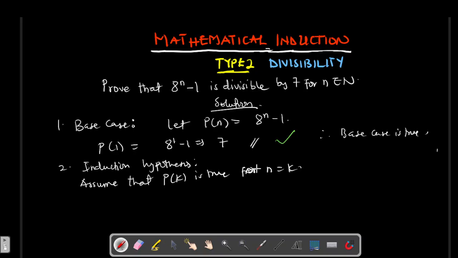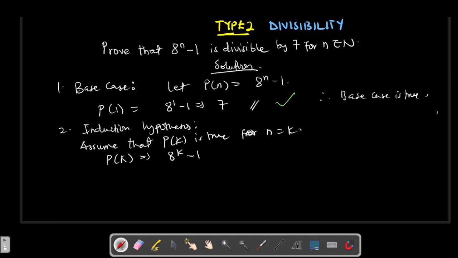So P of k is true. Therefore, our statement now becomes P of k, which is mapping to 8 to the power k minus 1. So the assumption is saying, let's assume that 8 to the power k minus 1 is divisible by what? 7. That is all.